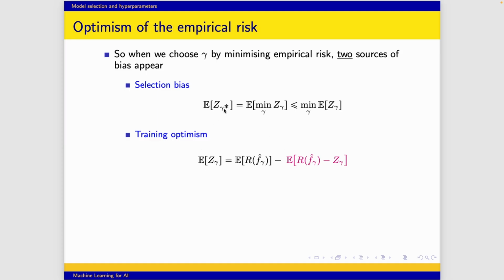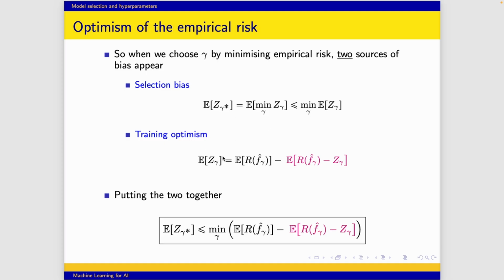The selection bias tells us that the expected value of the risk of the solution that we pick is going to be less than or equal to the minimum of the expected values of the empirical risks over all gamma. Now we can combine these two into one. So from here, we have the expected value of Z gamma star is less than or equal to this minimum.